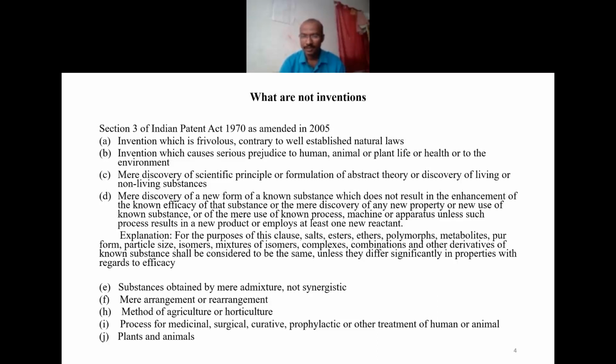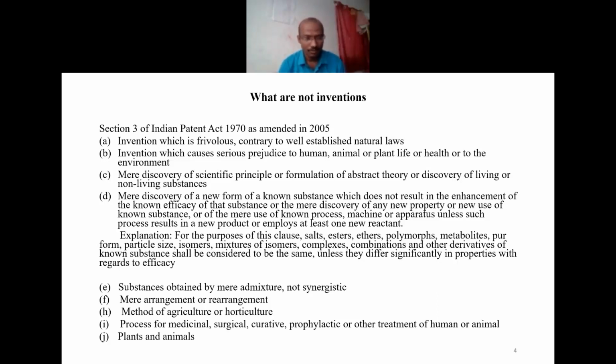There should be significant efficacy of the new form of that substance, then and then only the patent will be granted. So the Indian Patent Act prevents such patent evergreening by using section 3D.